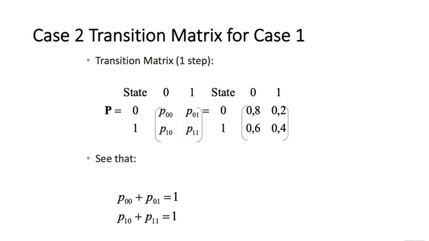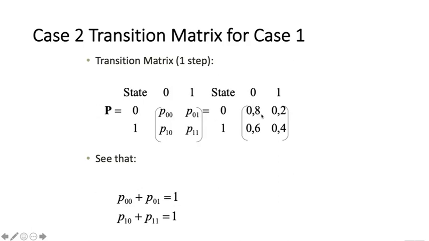So the transition matrix from case number 1: we define the states as 0 and 1, 0 and 1. From 0 to 0 is p00, and 0 to 1 is p01.